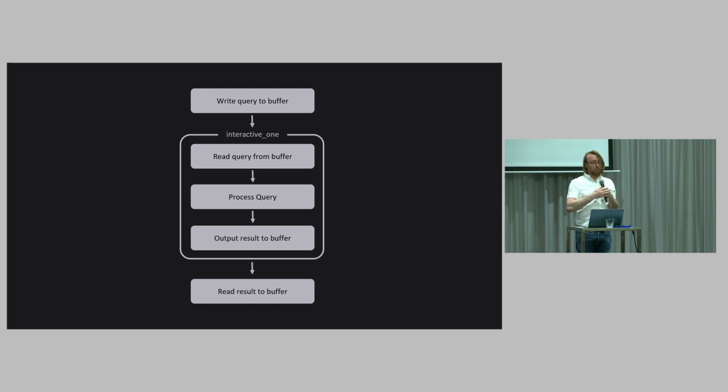So you encode your query as a wire protocol message, write it to a buffer, call a single interactive one function, which does a single iteration of the main loop, processing the query, writing it to an output buffer, where you can then access it from JavaScript. This gave us a 6 to 8 times speed up over using Asyncify. Don't use Asyncify. It's a bad idea.